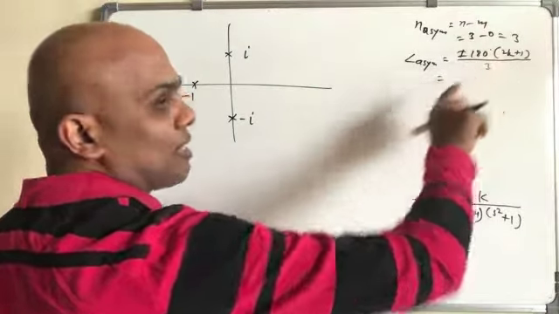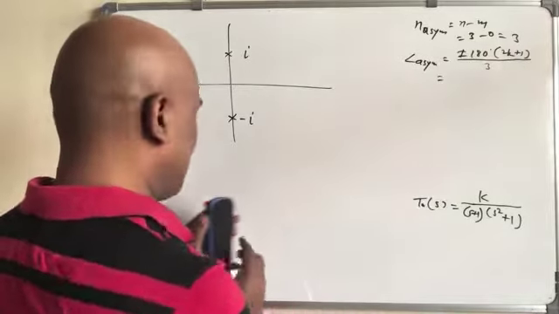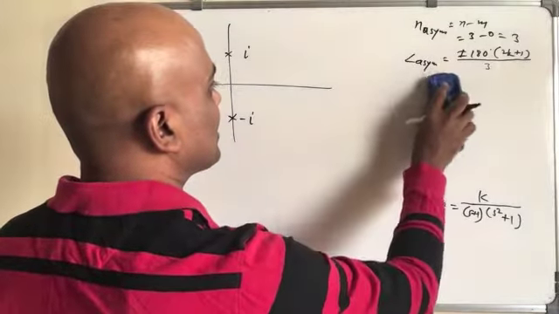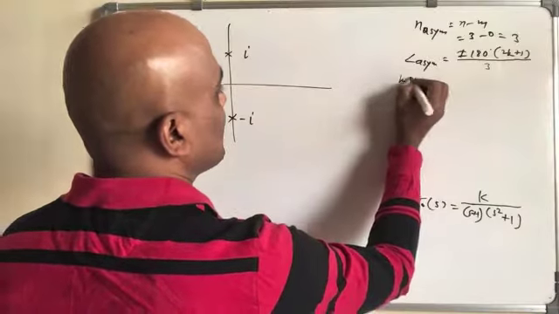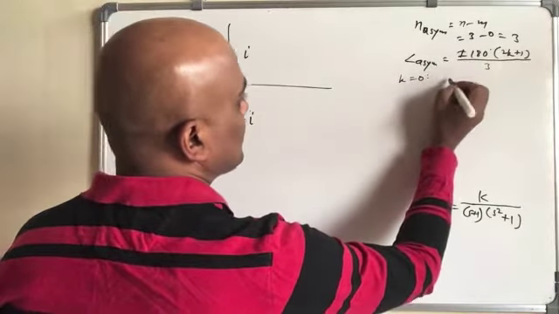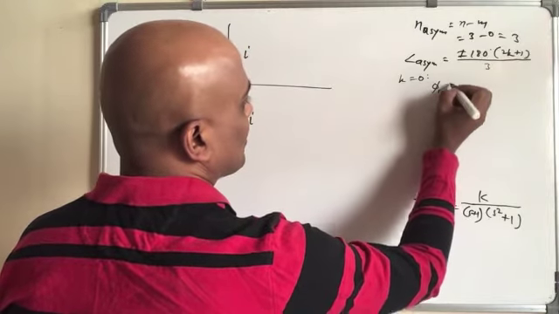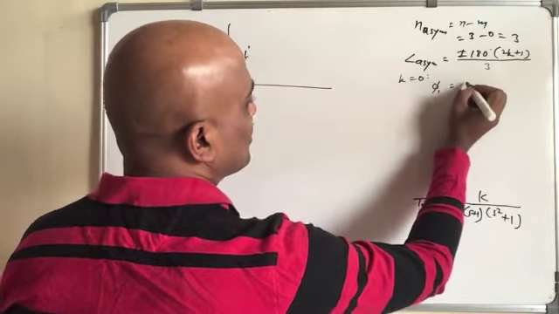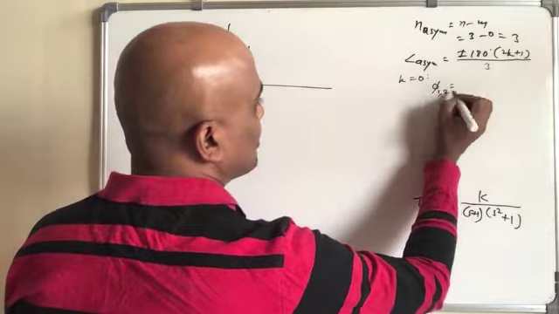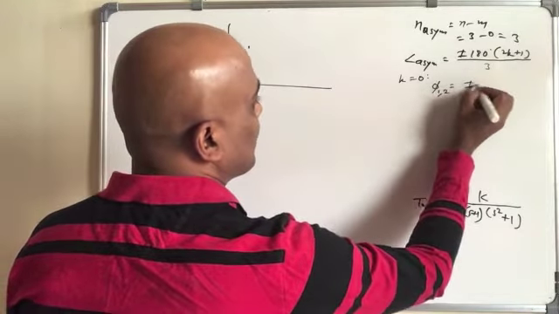We have to see all the possibilities. When k equal to 0, you get plus minus 60 degree.